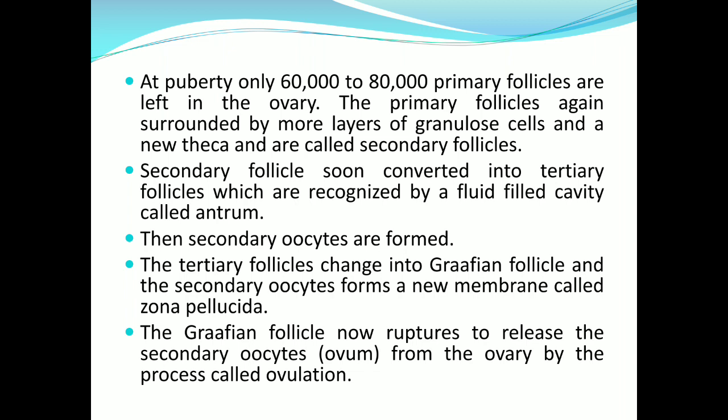Then from the tertiary follicle, the secondary oocyte is formed. The tertiary follicle changes into the Graafian follicle and the secondary oocyte forms a new membrane called the zona pellucida. The zona pellucida is the outer layer of the ovum. The Graafian follicle ruptures to release the ovum.